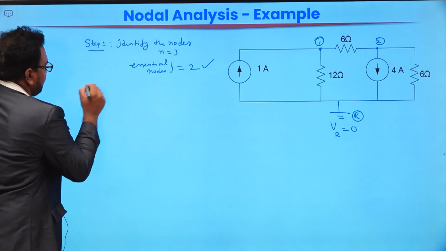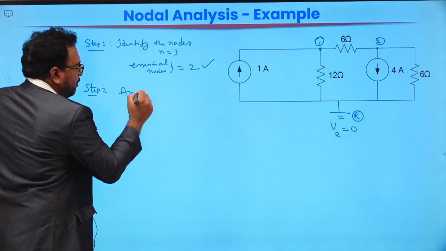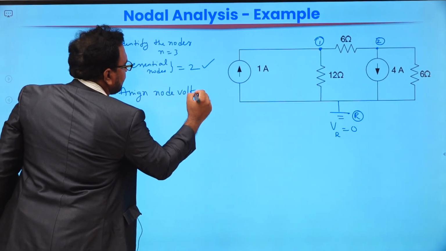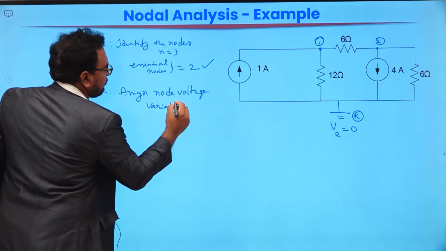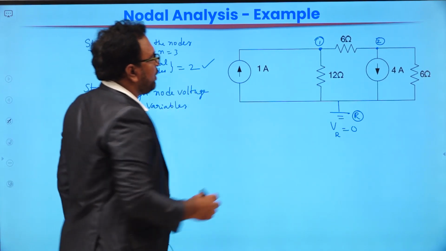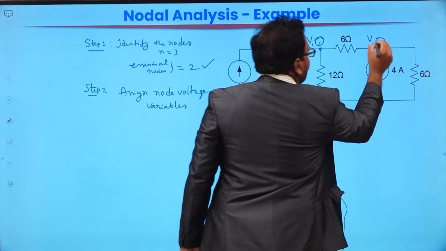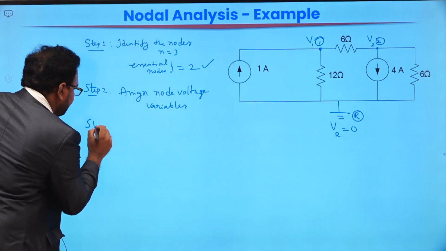Now what is step 2? Assign node voltage variables. So at node 1 I am going to assign a variable V1 and at node 2 I am going to assign node variable V2.